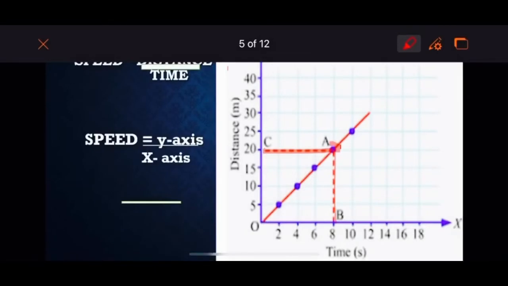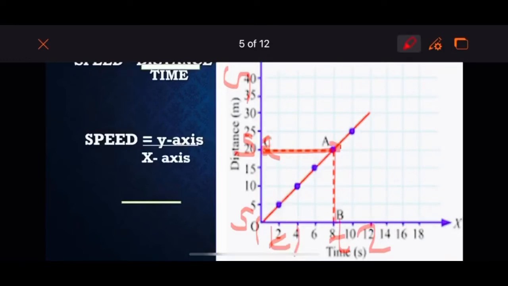Here the distance is represented by S, so this point we can write as S2 and this point S1. Similarly, on the x-axis it is time, this is T2 and here it is T1.